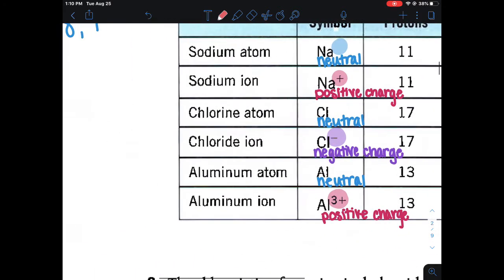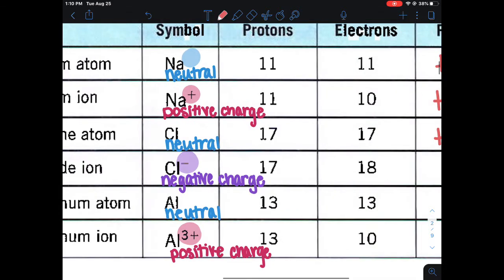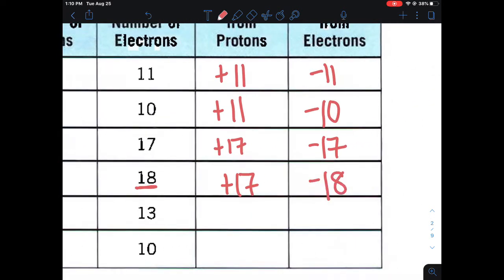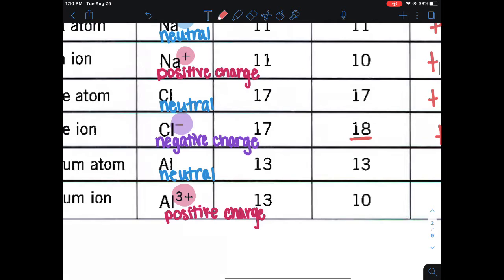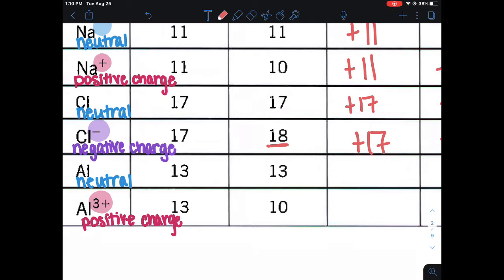And then chlorine ion with a negative charge. So that means we have more electrons than we do protons. So we had a plus 17 and a minus 18. Aluminum atom, neutral, 13 protons, 13 electrons.